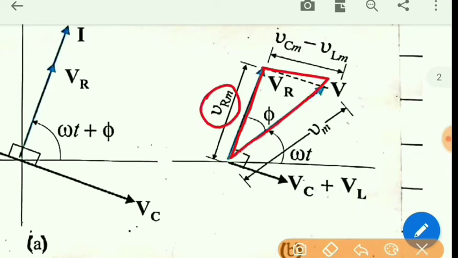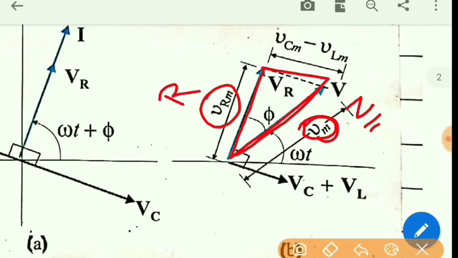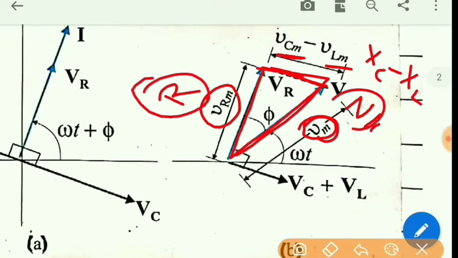Writing this VRM in terms of resistor R, this side which is Vm in terms of Z, because total impedance is Z, and this side which has the terms VCM minus VLM can be written as XC minus XL. So there is R, there is Z as hypotenuse, and XC minus XL is the other side.